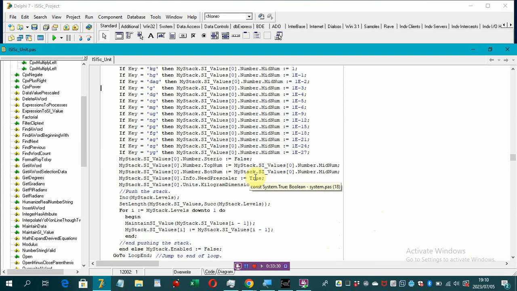A unit has a true neat prescaler setting. And you can check all the rest of how the unit is done. And there I push a stack. You would see my stack SE values. So we're working with SE values here. See that very clearly.